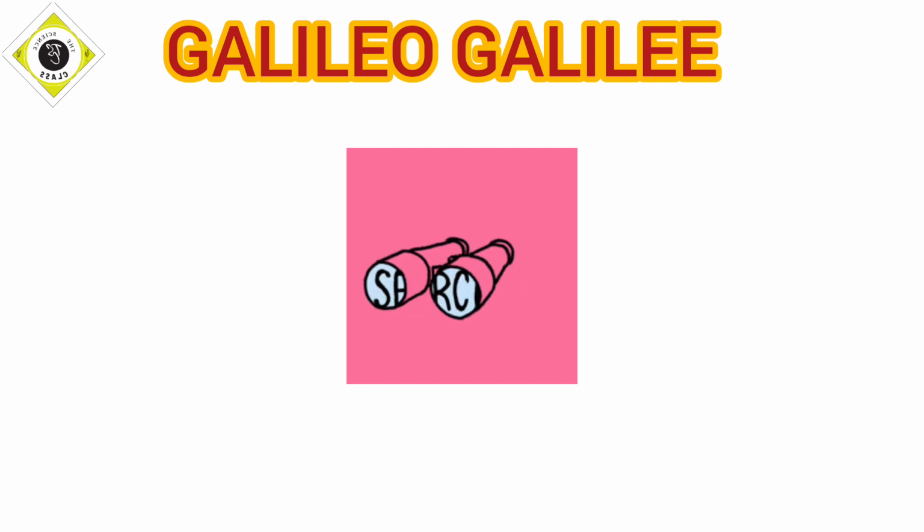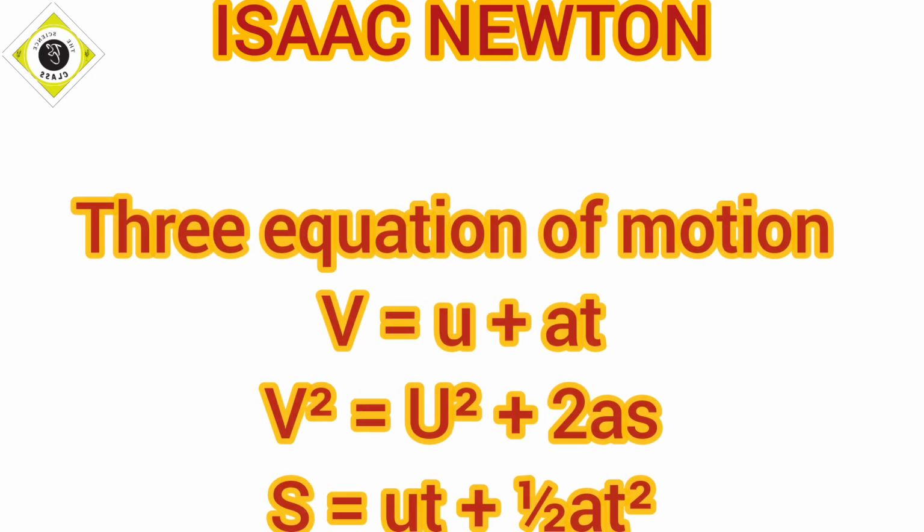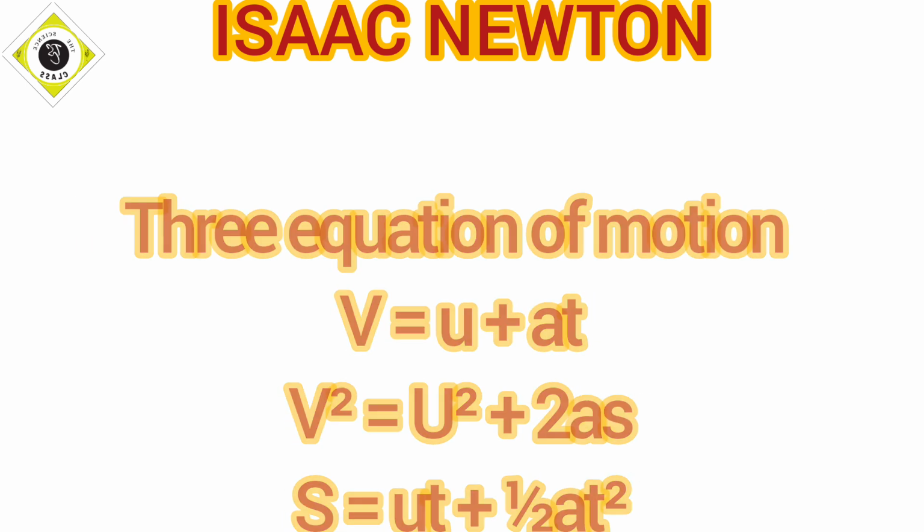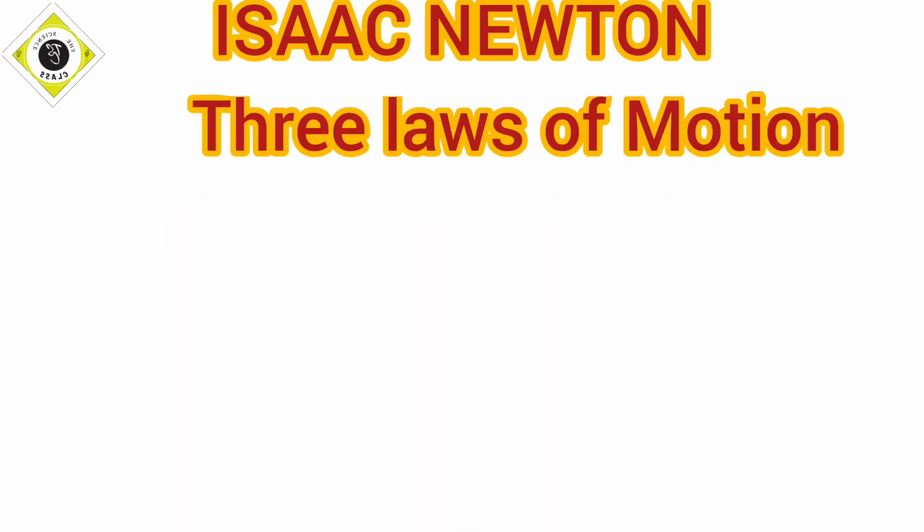Another very great scientist that the world cannot forget in a hurry is Isaac Newton. Isaac Newton was a very great scientist, and he was the one that discovered the 3 laws of motion. The 3 laws of motion have been used widely in a variety of applications in medicine, in engineering, in construction, and so many applications.